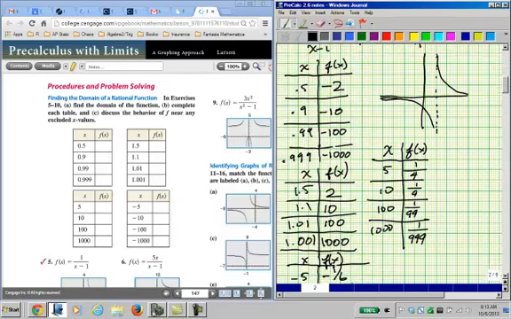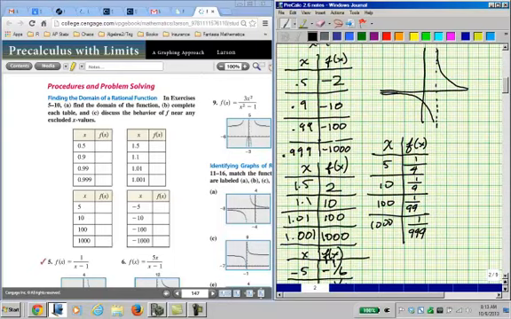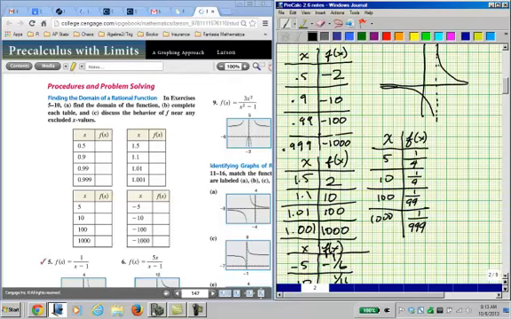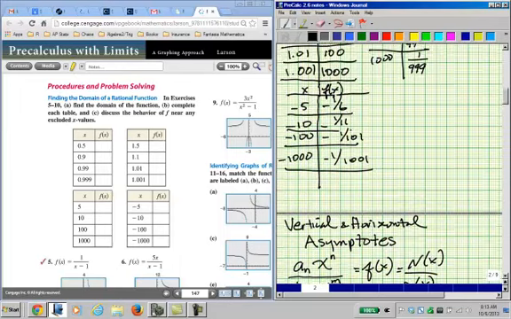And here's x approaching 1 from the right, going to the left, 1.5, 1.1, 1.01, and now y is approaching positive infinity. And here is x approaching positive infinity, and y is approaching 0. So 5, 10, 100, 1000, and f of x gets closer and closer to 0.